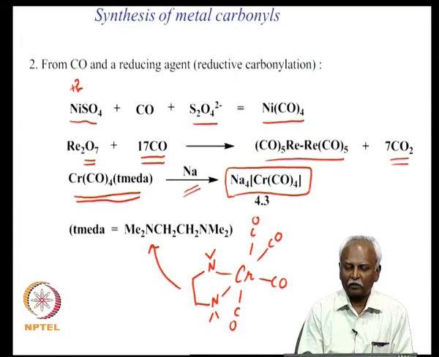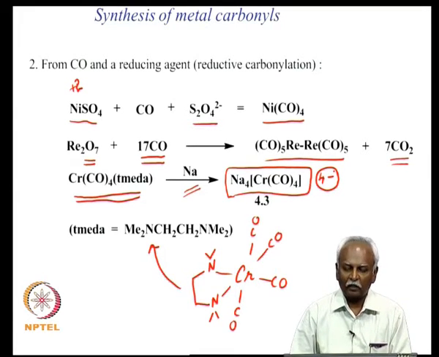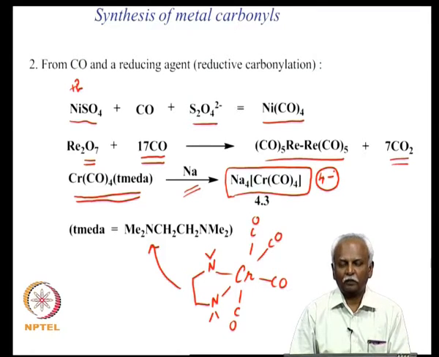In this particular case, it is 4 minus: 4 electrons are being pumped in, and you have chromium in the 4 minus oxidation state. So, these are unique complexes where you have a high negative charge on the metal atom, and this is usually generated with either sodium in mercury or molten sodium, which you can generate by slightly warming the sodium metal.